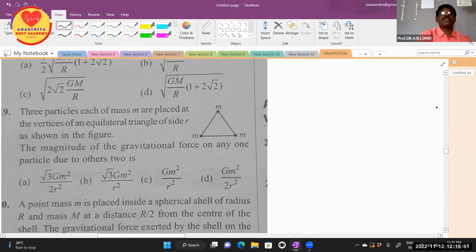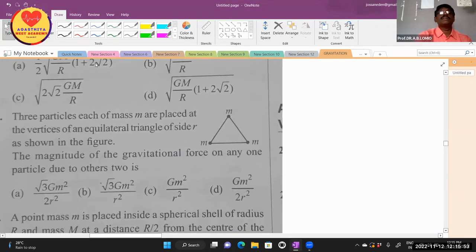Students, see the problem. 3 particles each of mass m are placed at the vertices of an equilateral triangle of side R as shown in the figure. The magnitude of the gravitational force on any one of the particles due to the other 2 is the same concept as used in the previous problem.